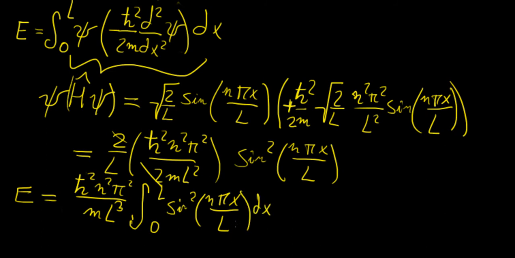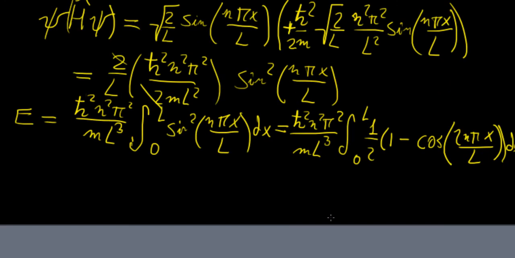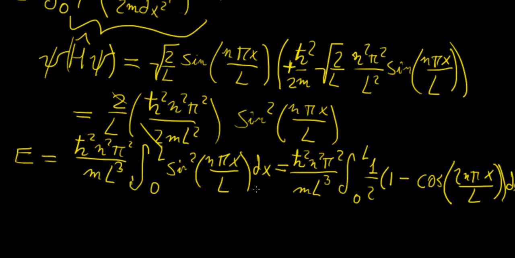And we can use a trigonometric substitution here to find a simpler expression for this. So we're going to have h bar squared n squared pi squared over mL cubed, integral from 0 to L of 1 over 2 times 1 minus cosine of 2n pi x over L, all of that times dx.